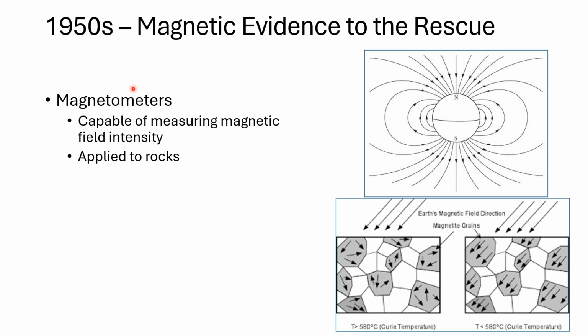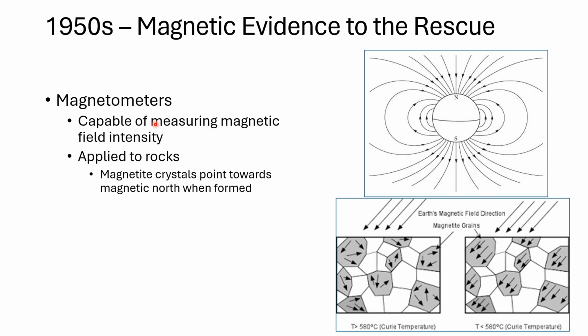But they were able to measure it and map this magnetic field, its intensity, its direction, and they began to apply it to rocks. And what they discovered was that magnetite, a mineral that you learned where a magnet would stick to it, right?